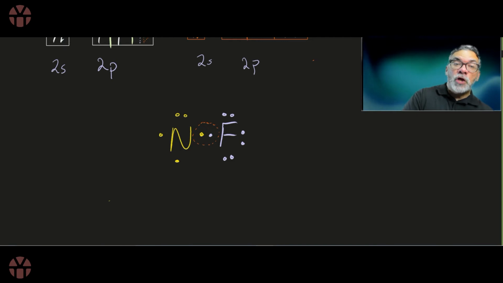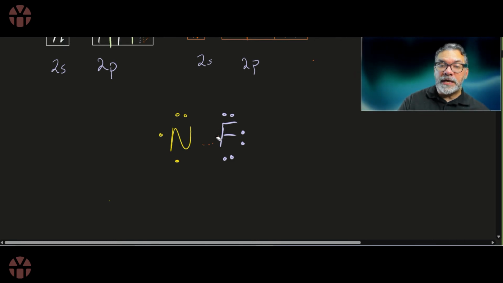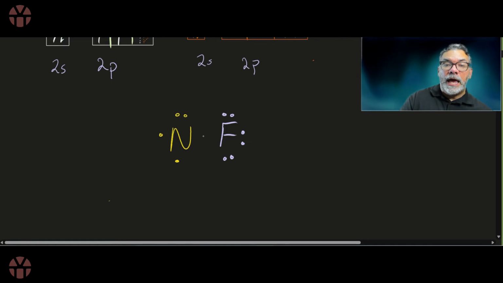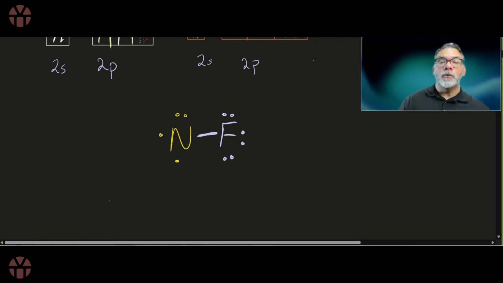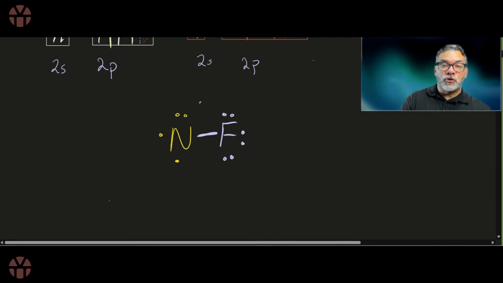And when 2 electrons are shared between 2 different atoms, instead of drawing it this way, we're going to say that those electrons have now been paired off, or they've created a bond, and we're going to designate that bond with a single dash. So when you see a dash, this represents 2 electrons that are being shared, right?